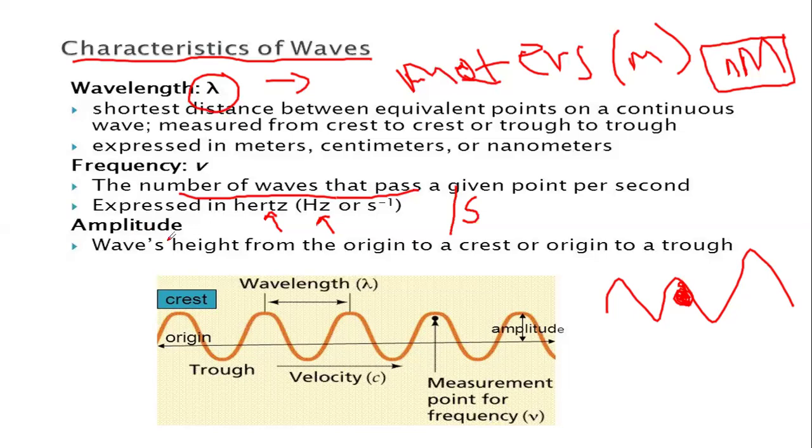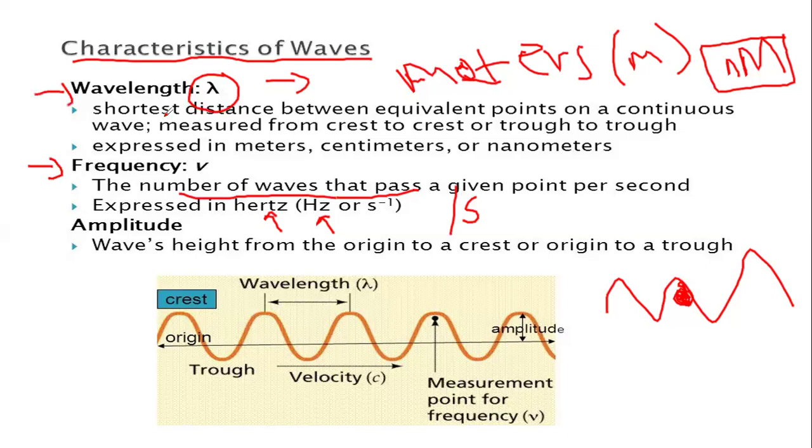And then the amplitude is simply the height of the wave. These two properties, the frequency and the wavelength, are inversely proportional.